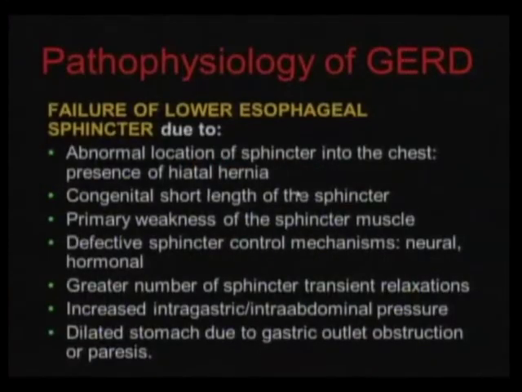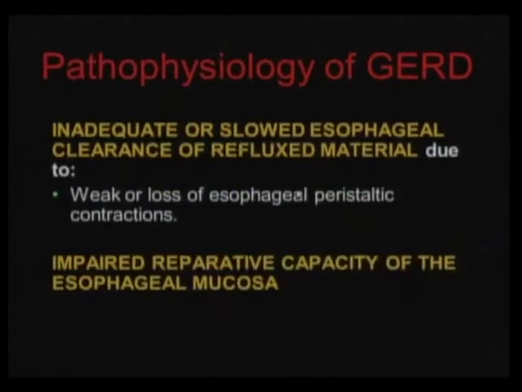And sometimes, I will show you later, one case could be a dilated stomach due to gastric outlet obstruction, and this produces an incontinence of the sphincter, okay? So these could be the most common causes of failure of the lower esophageal sphincter.